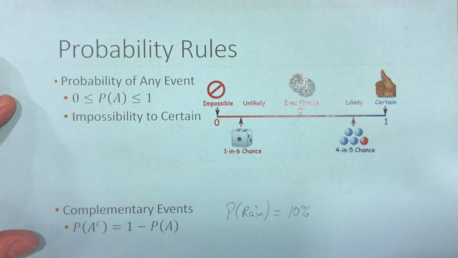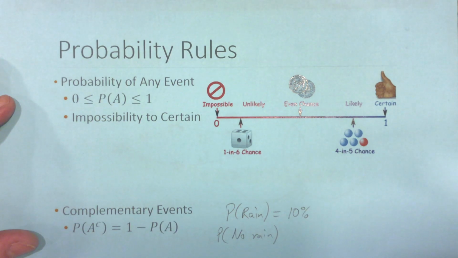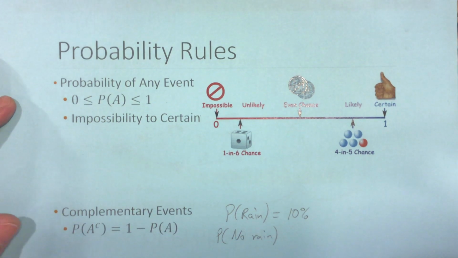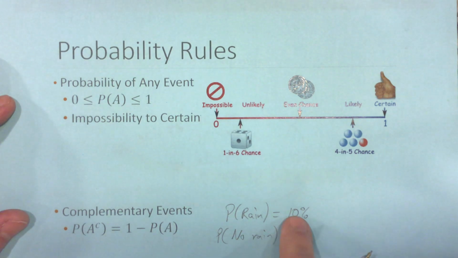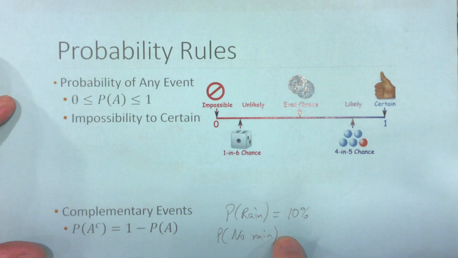Now I'm going to ask you: what's the probability that we get no rain today? Notice I don't need to tell you that. You can very simply say, if there's a 10% chance of rain, then the chance that it doesn't rain is 1 minus 0.1, or 100% minus 10%. 90% chance that it doesn't rain.